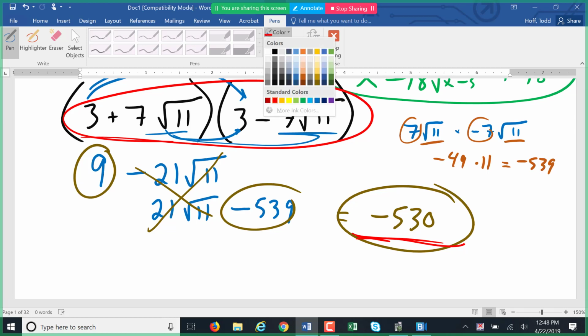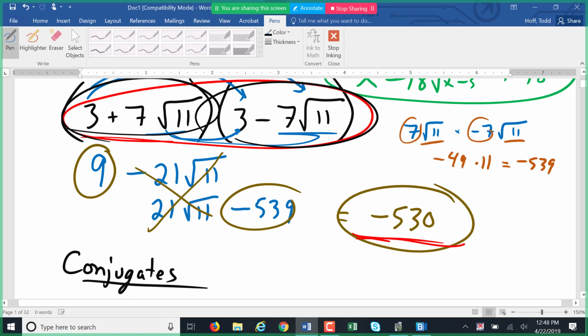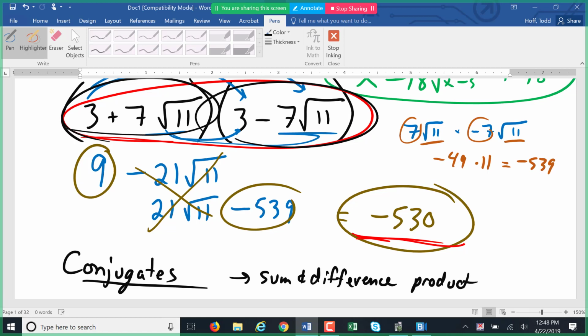And the reason for that, we mentioned this term a little bit last week. Those two terms are what we refer to as conjugates. Conjugates are sum and difference product. You'll notice, same terms, 3 and 7 times the square root of 11, it's just one is plus and one is minus. One's a sum and one's a difference.